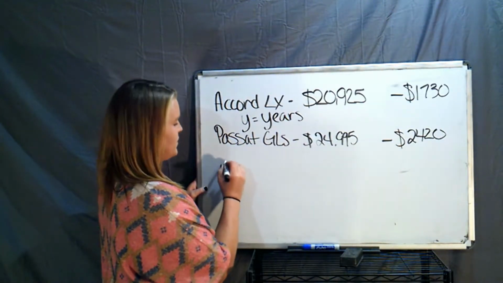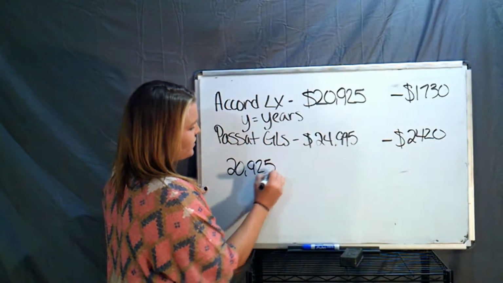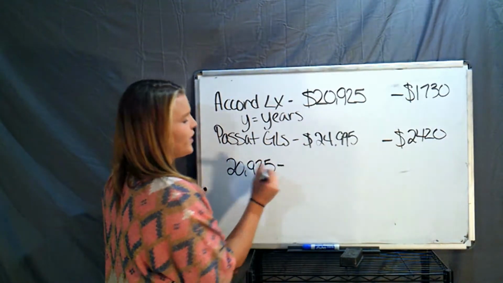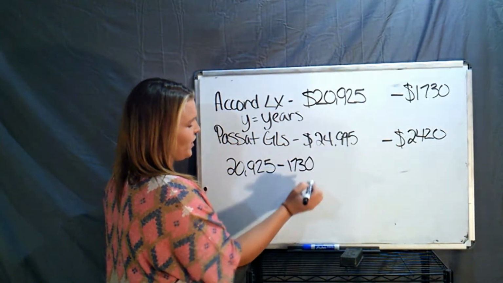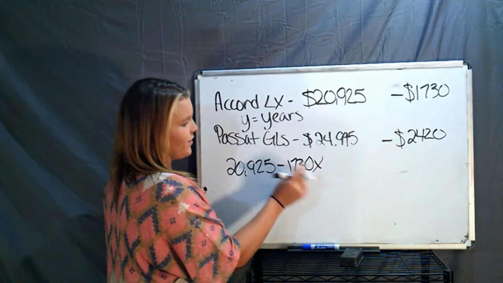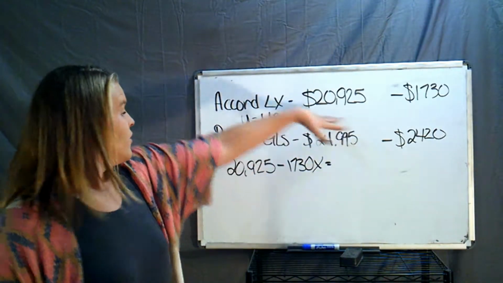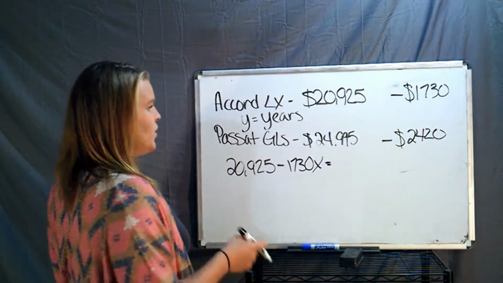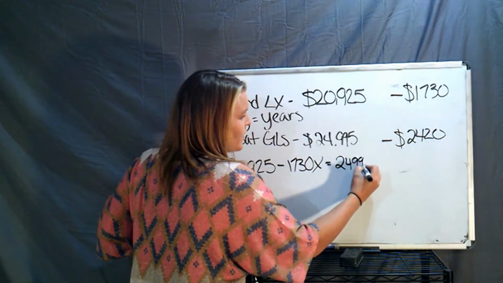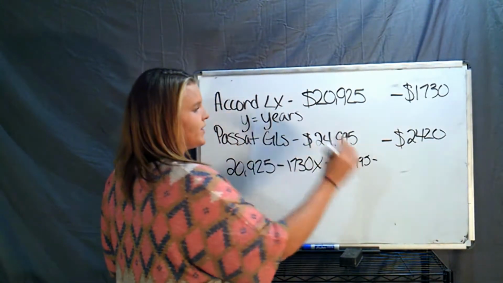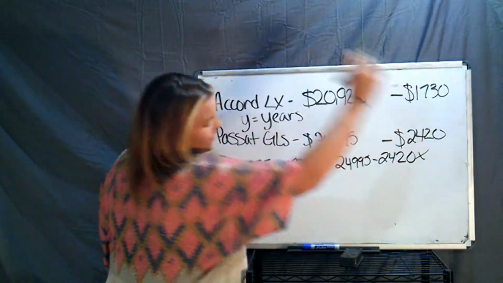My Accord, I'm going to have $20,925, and that's going to be subtracted by $1,730 per year, so times x. And that, I want to know when it's going to equal the Passat's value, which is $24,995, and it depreciates by $2,420 per year, so times x.